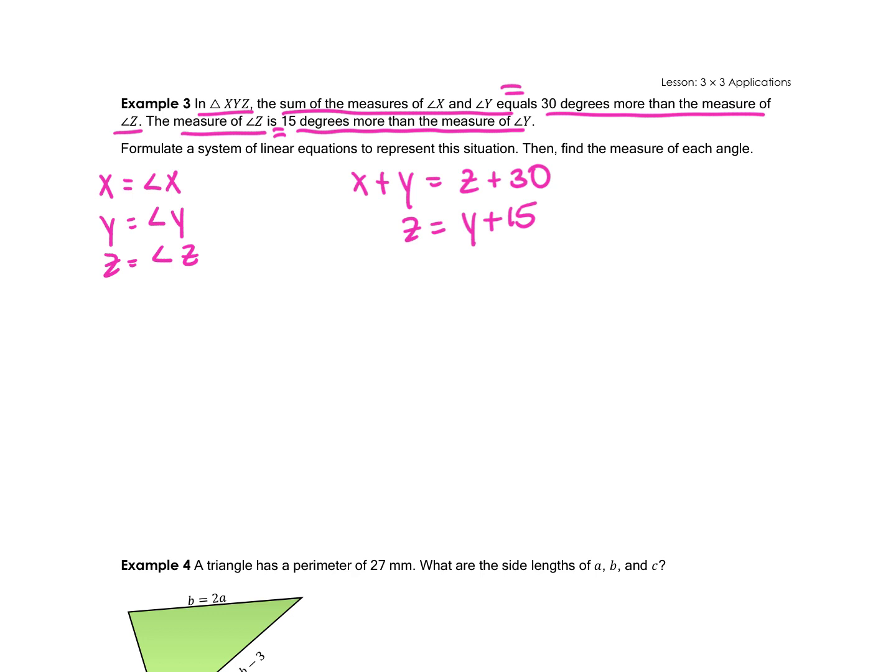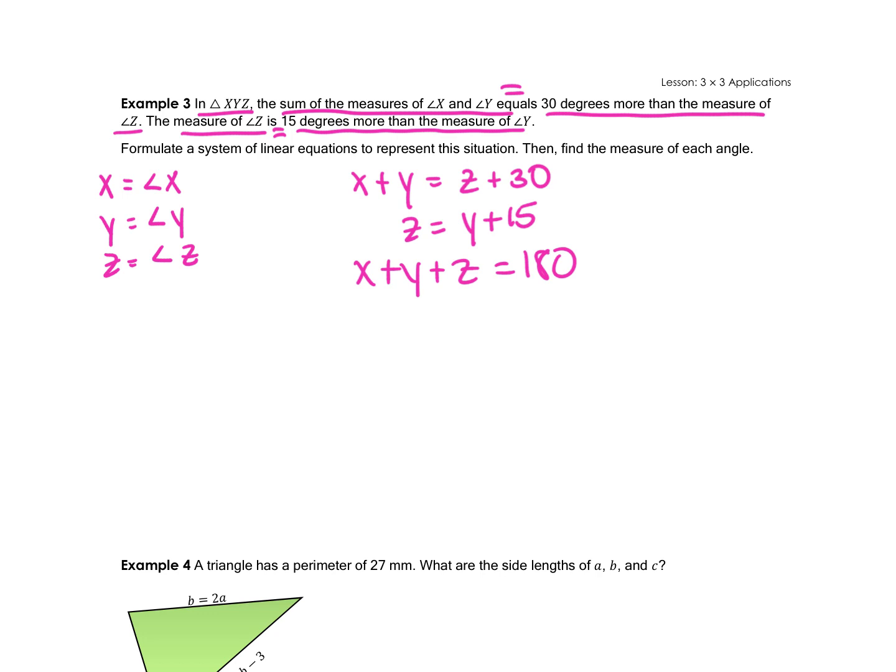Now, that is all we have from that, but you're having to think back to the geometry. We're talking about a triangle, and the degrees of each angle. You should remember from geometry that the angles total 180. So X plus Y plus Z equals 180.